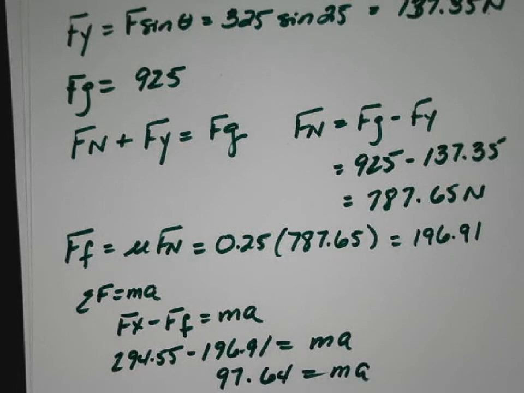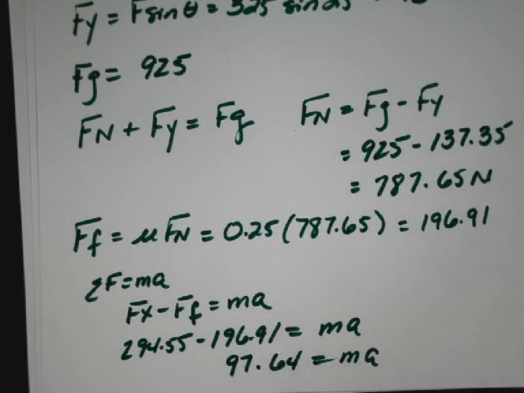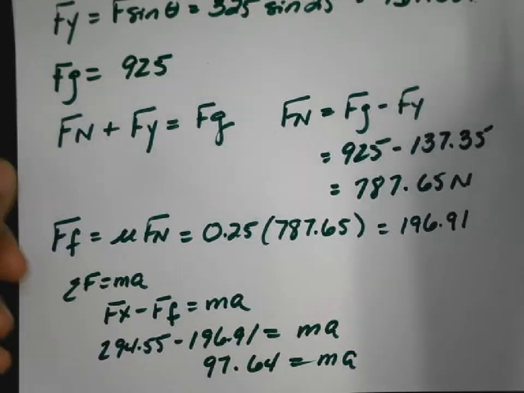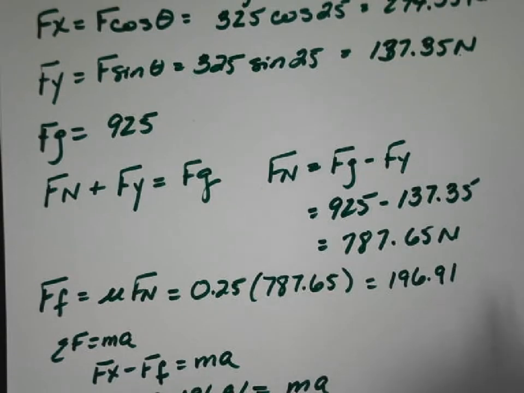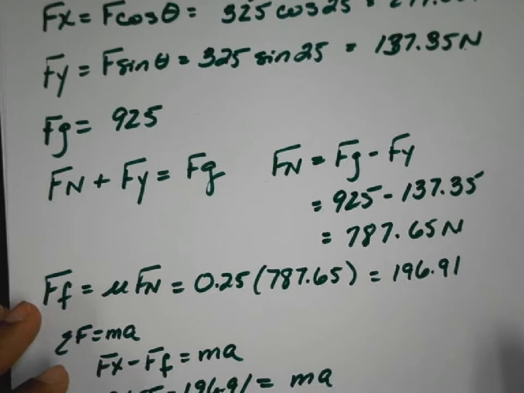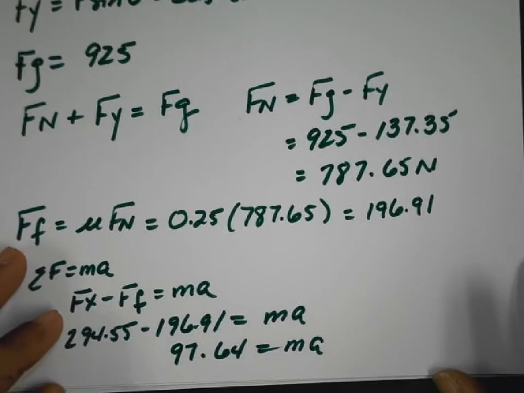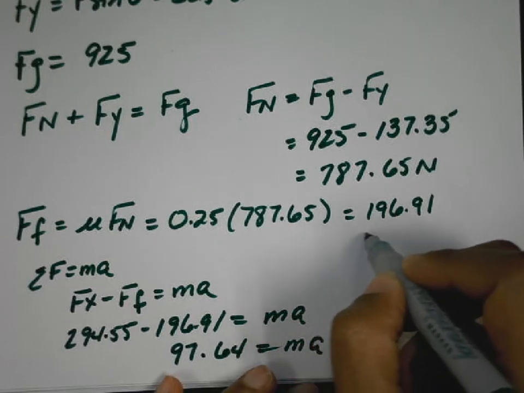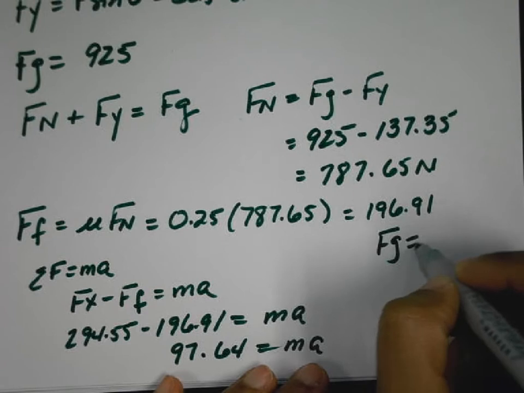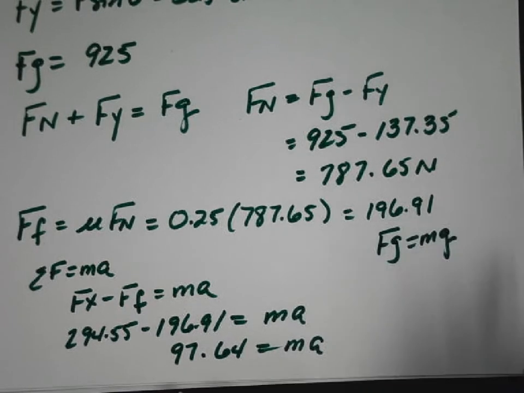Now from this point, it seems like it would be simple, except we have one more number we have to chase down. We have to chase down what the mass is. How do you get the mass? You guys can talk, it's okay. If you're not sure, I'll tell you. From the video yesterday, force of gravity is equal to mass times gravity.